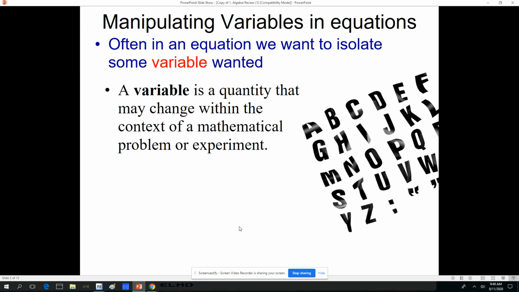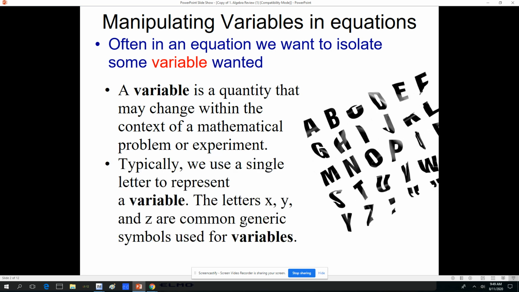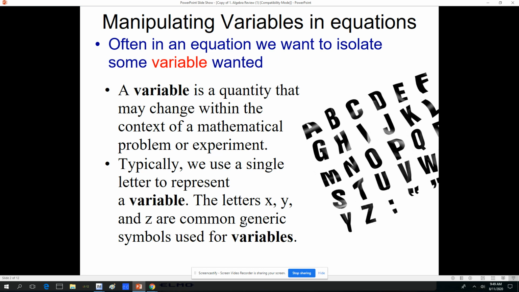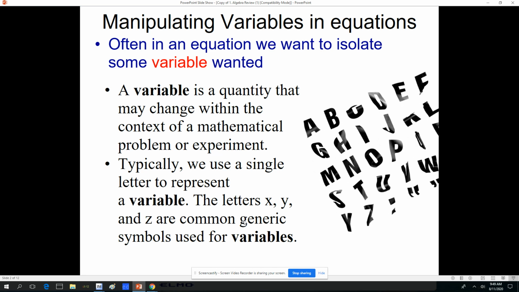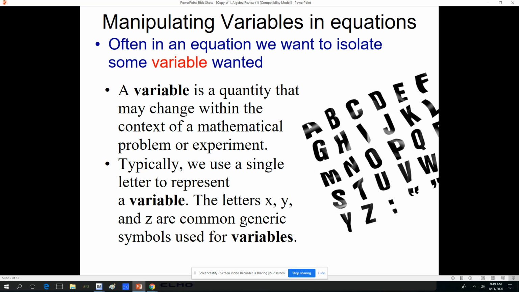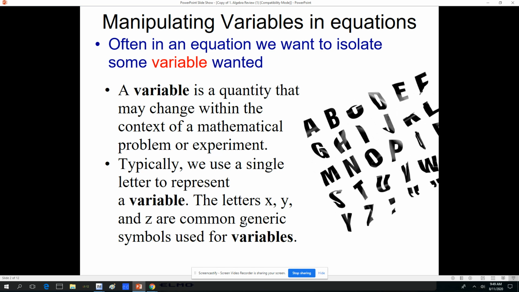Although we can use any letter in a mathematical formula, like A, B, C, X, Y, and Z, in physics we use very specific letters for specific values. On that formula sheet, you'll see those listed. Getting familiar with those will benefit you.